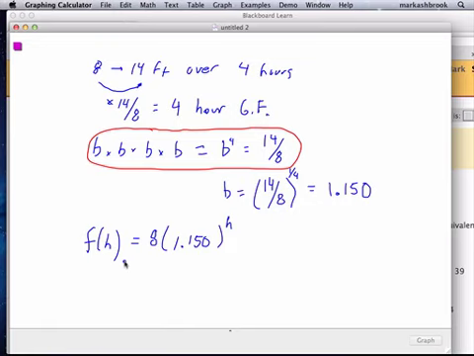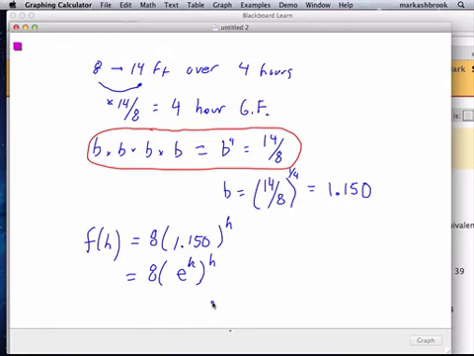Okay, and then we worked through the math, and we said this is the multiplier for 1 hour at a time, but we could think of this as accumulating continuously. And if it's accumulating continuously, it could also be written this way: 8 times e to the, are they calling it k in this problem? e to the kh, right?